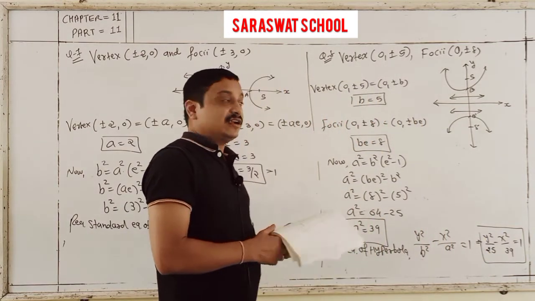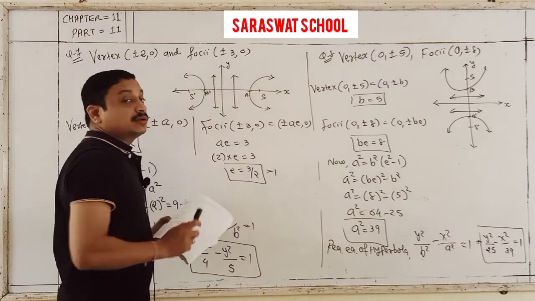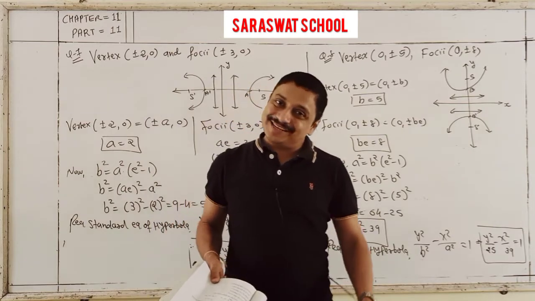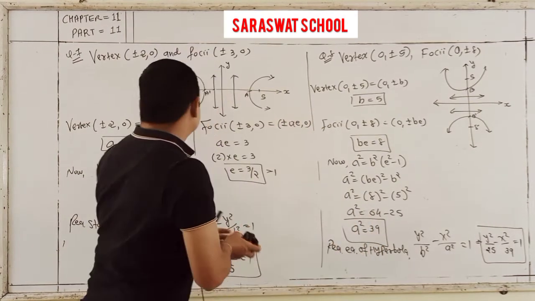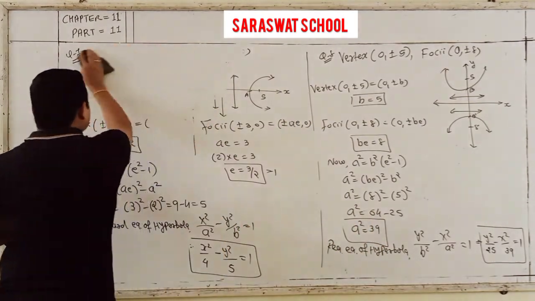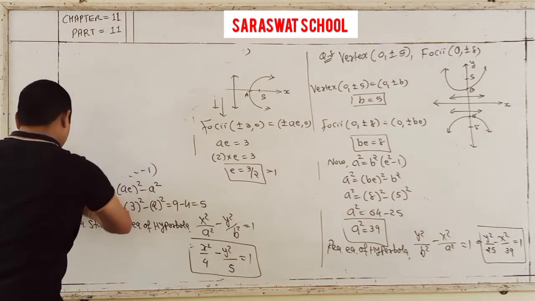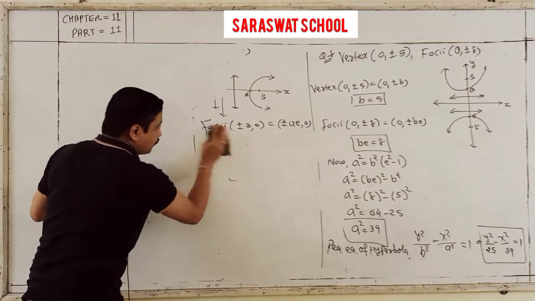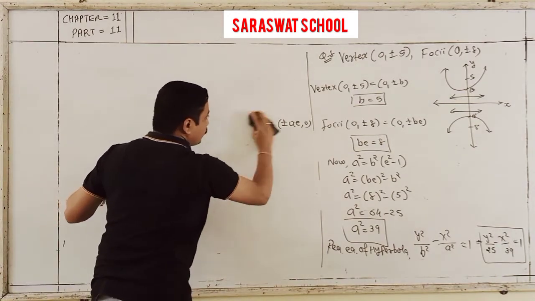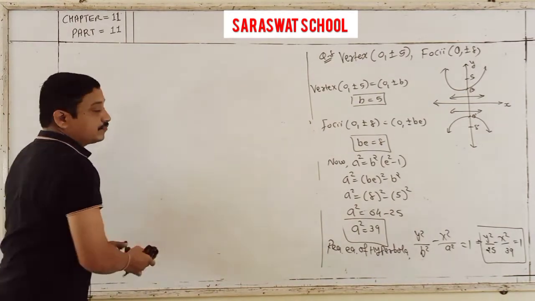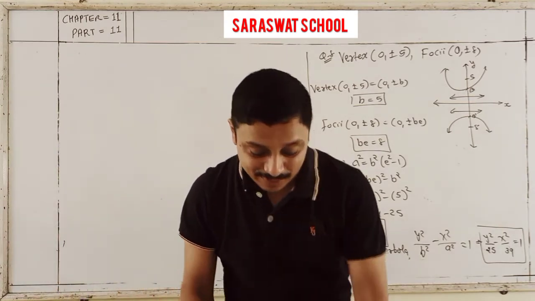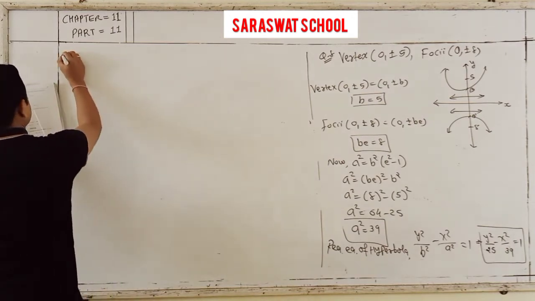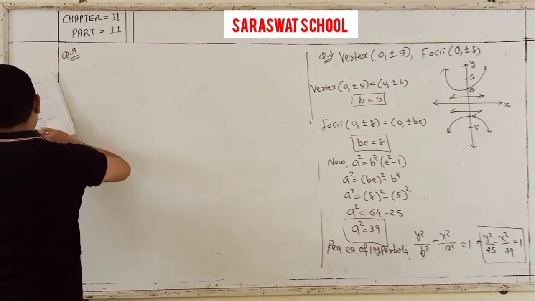Now students, after that we go ahead to question number 9. In question 9 also, the vertex and foci are given. The question is the same: find the standard equation of the hyperbola under these conditions.